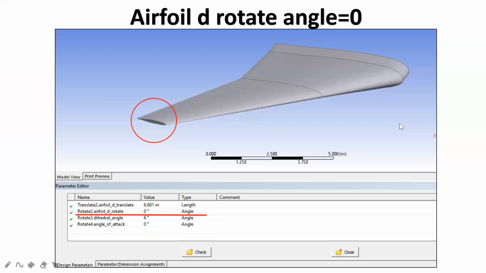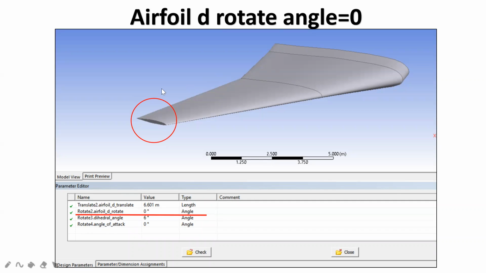Next comes the airfoil derotate angle. What is D? D denotes the edge airfoil. You all know that the airfoil is the building block of the wing and the aircraft. There are so many airfoils in the wing, but this is the edge airfoil, and it is denoted as D. When this airfoil rotates and makes an angle, we call that the derotate angle.